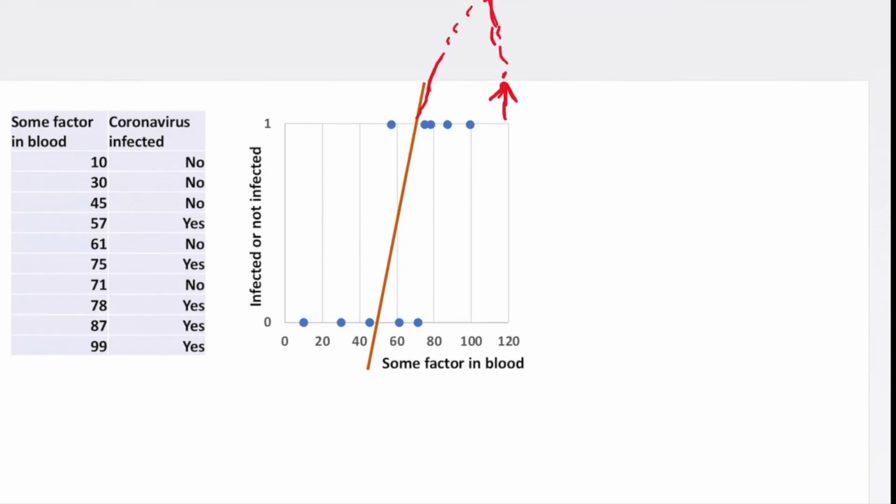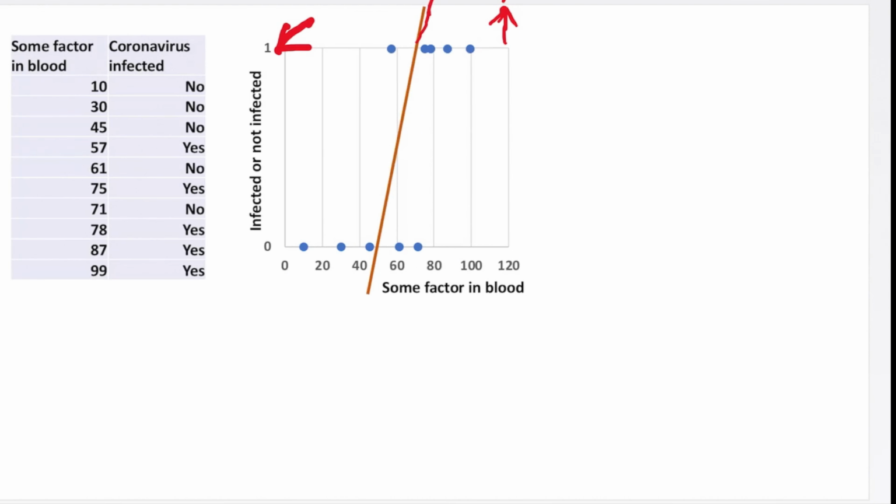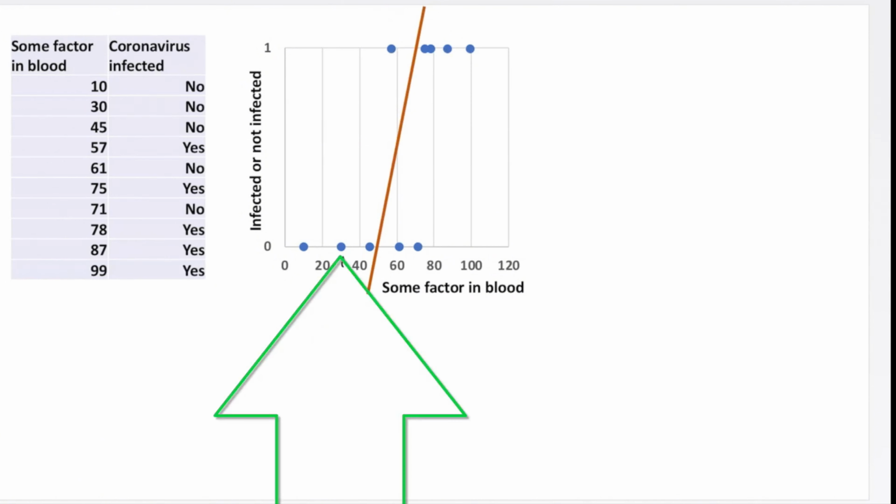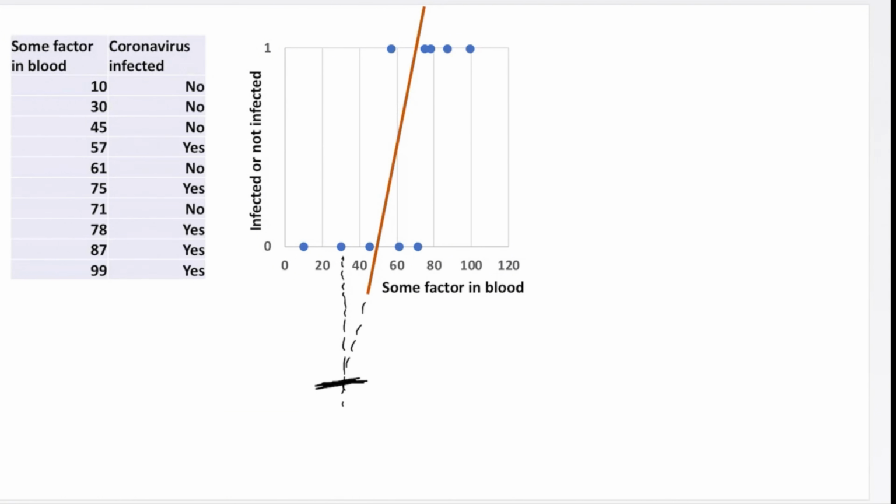So the value will not be very close to 1, rather it will be very, very far away from 1 in the positive direction. Similarly, if in a sample we find that the amount of that particular factor in blood is 30, then basically 30 is somewhere here. Therefore, the infected or not infected column will crisscross here. As a result, the predicted value, that means the y, will be far negative.